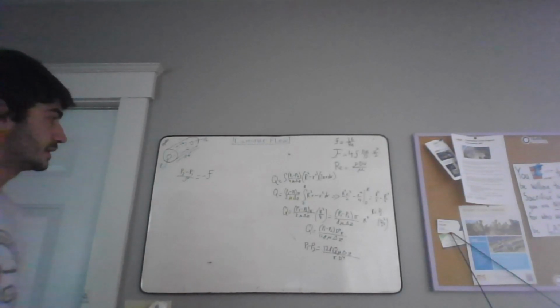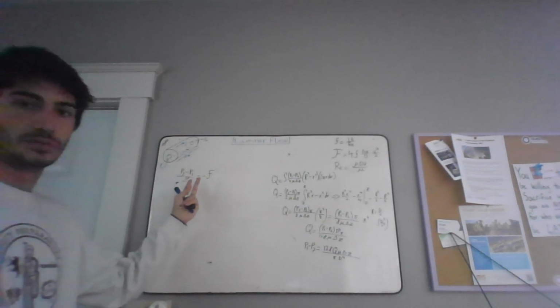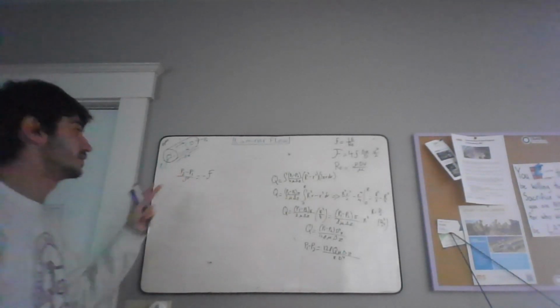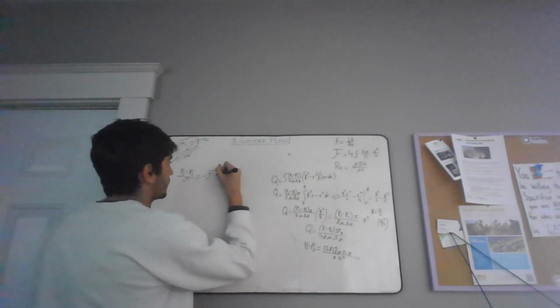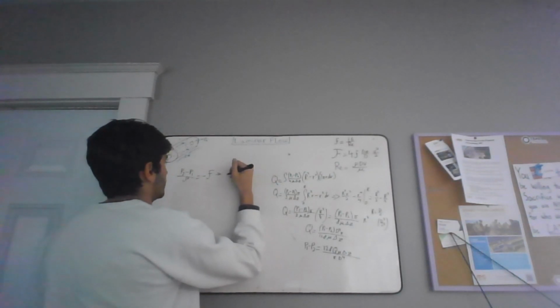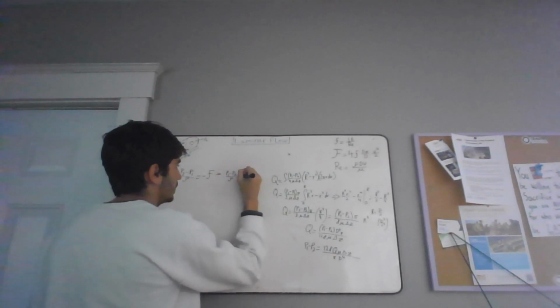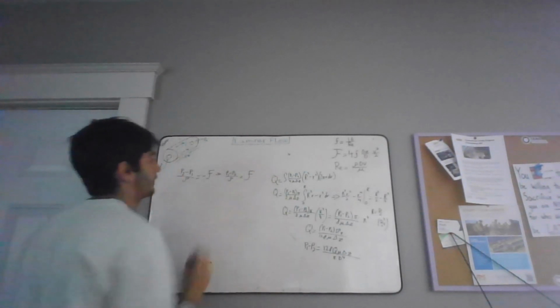As you can see, we have the inverse here, so I'm going to get the negative inverse of this whole expression, so that we get P1 minus P2 over rho is equal to that.